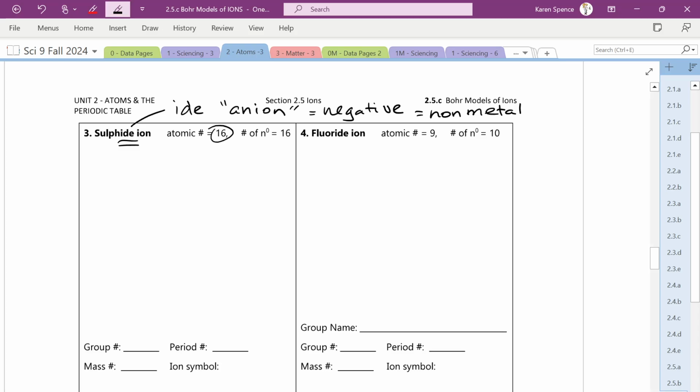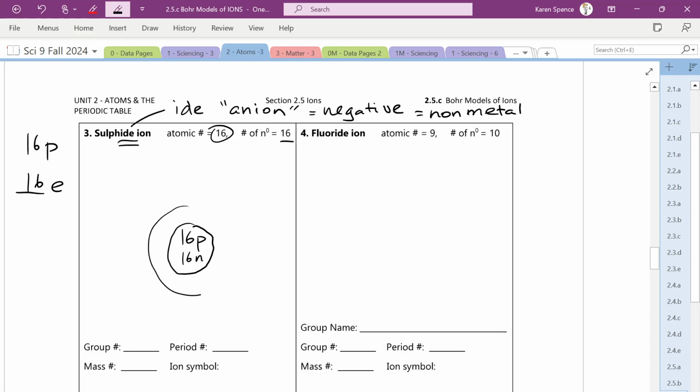Sulfide, atomic number 16. Where do we put the 16? In the middle. 16. And beside it, I put the letter P. Where do I put this other 16? Below it. And then I put the letter N, and that is my nucleus. So we have 16 protons. How many electrons do we have? 16.